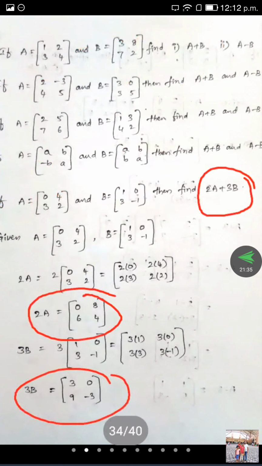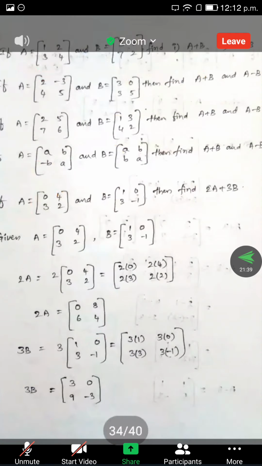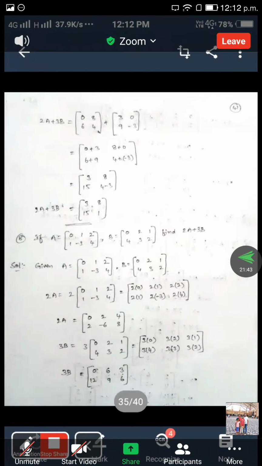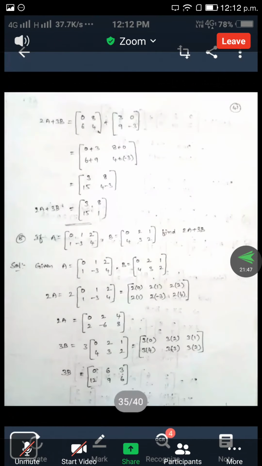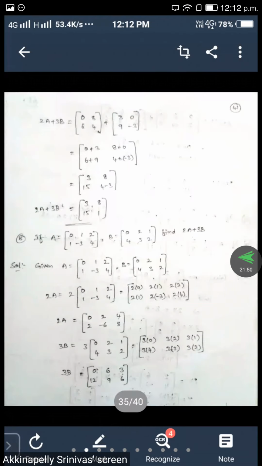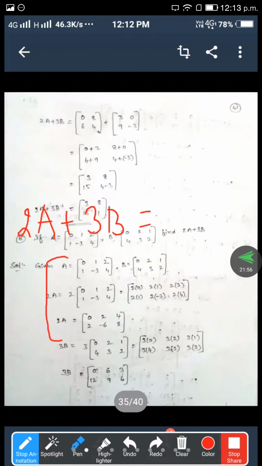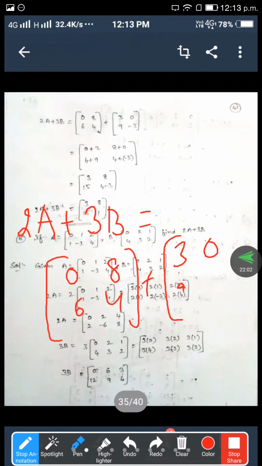Then we have to find 2A plus 3B. 2A is 0, 8, 6, 4 plus the value of 3B, 3, 0, 9, minus 3.